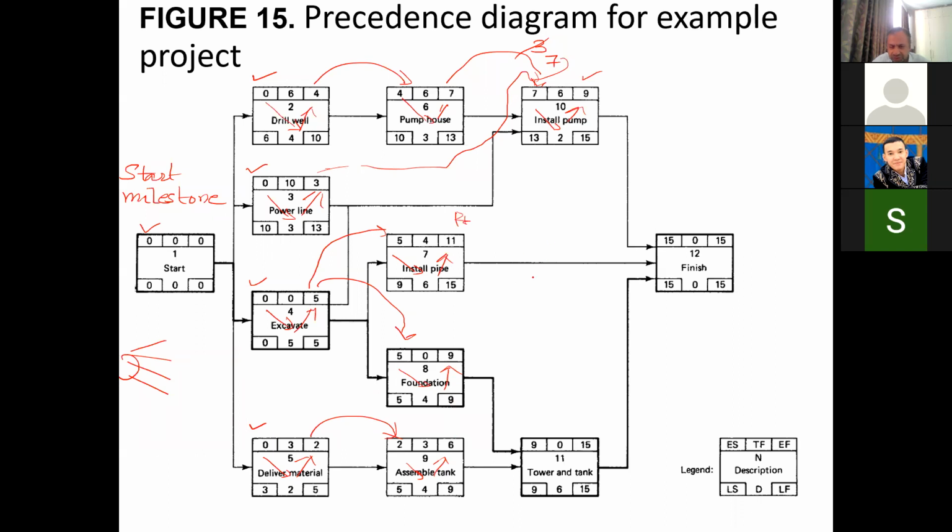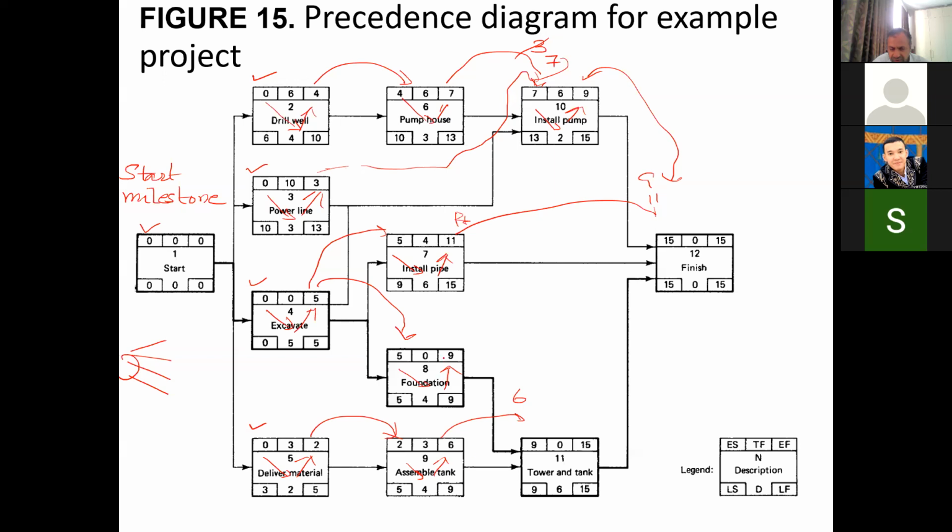From here, we now have 11. So from here, 11 will come over here. And from here, 9 will come. And then from here, 15 will come. But that 15 will have to be calculated from here. So from here, 6.